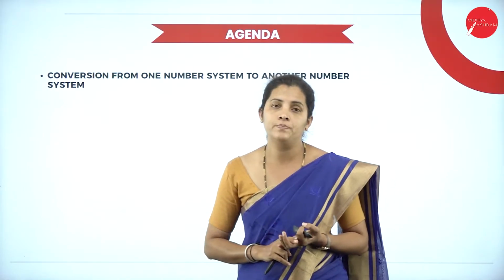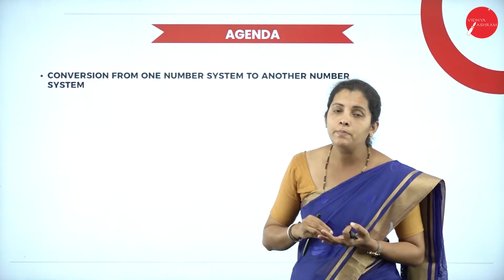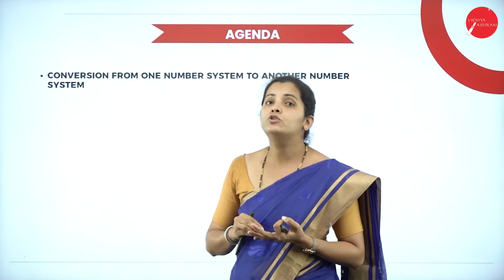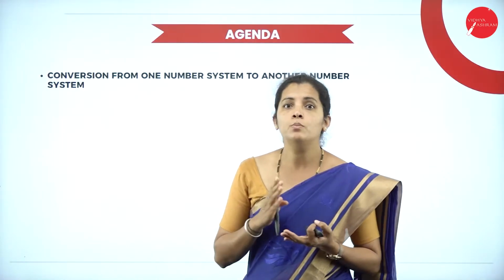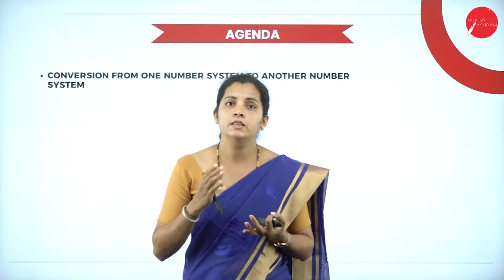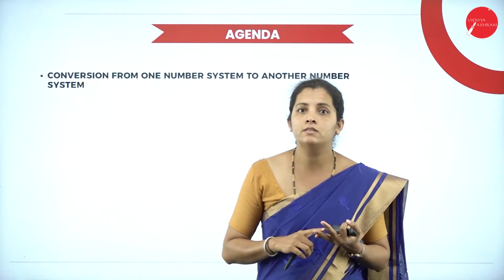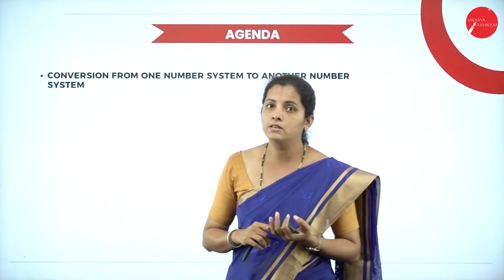The non-positional example is Roman numbers, whereas positional number systems are of 4 types: binary, decimal, octal and hexadecimal.